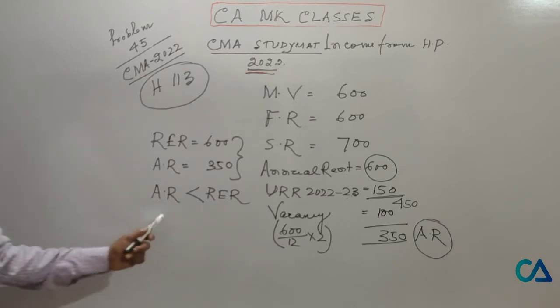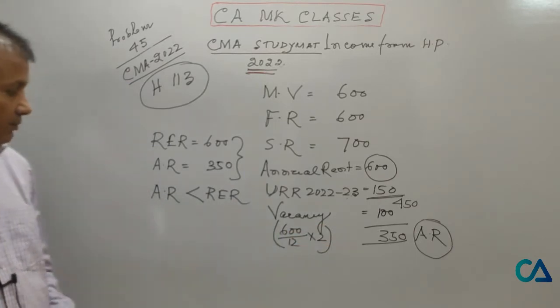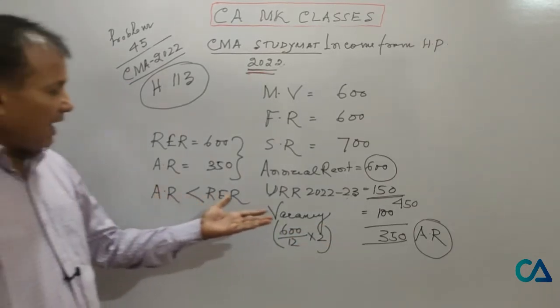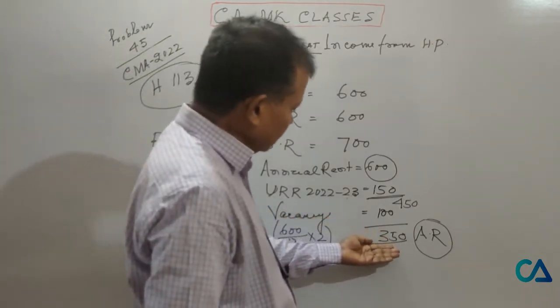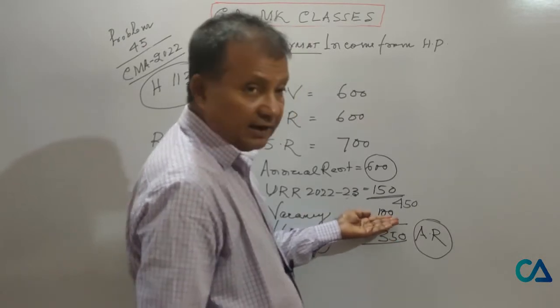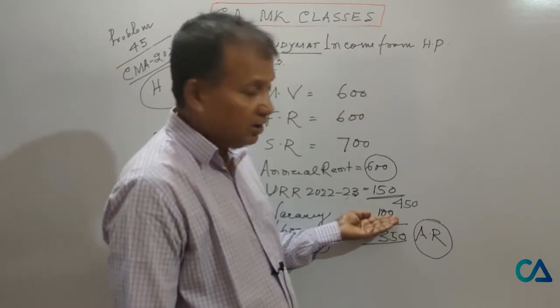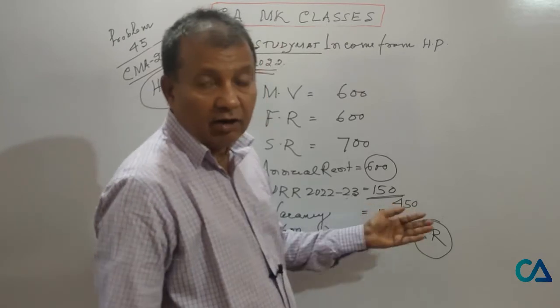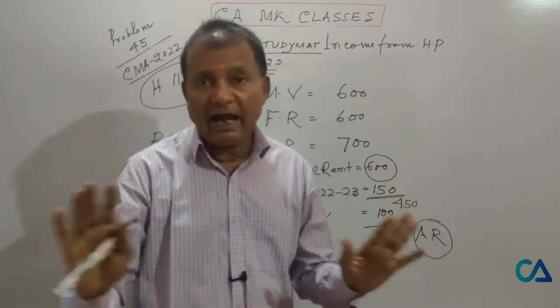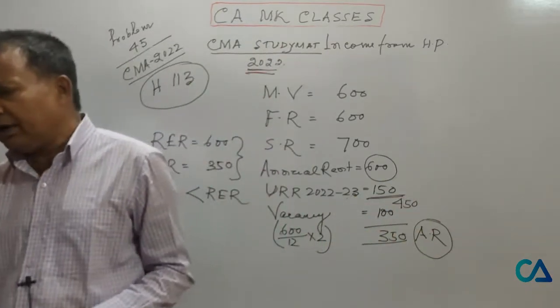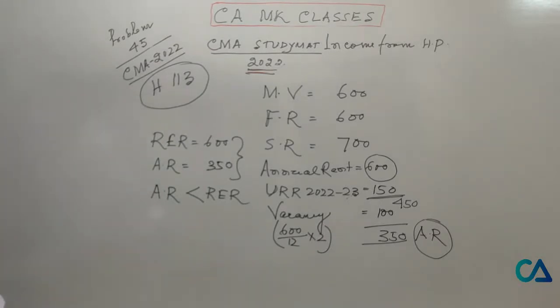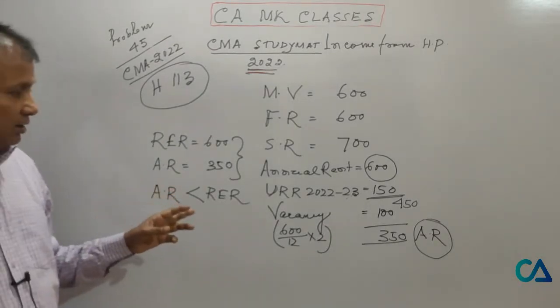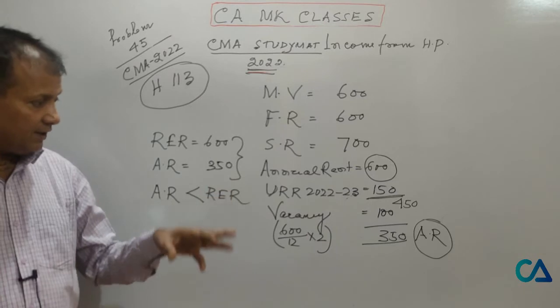It is not due to vacancy, because if you add the vacancy, 350 plus 100, how much is it coming? 450.